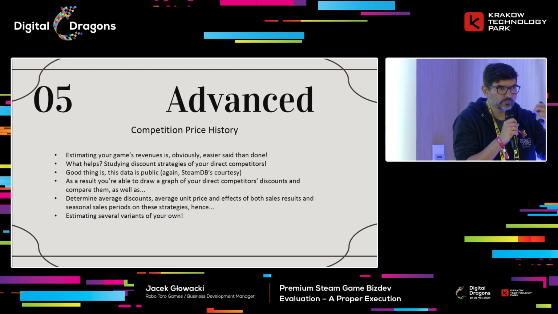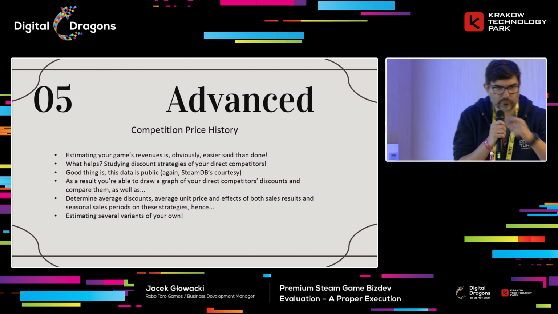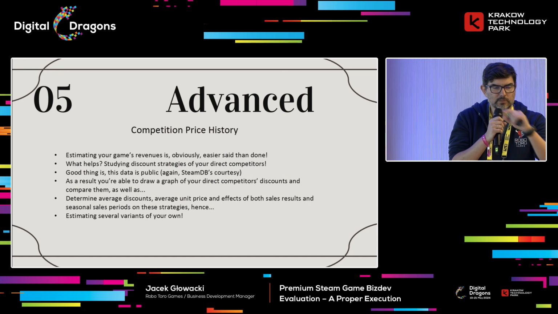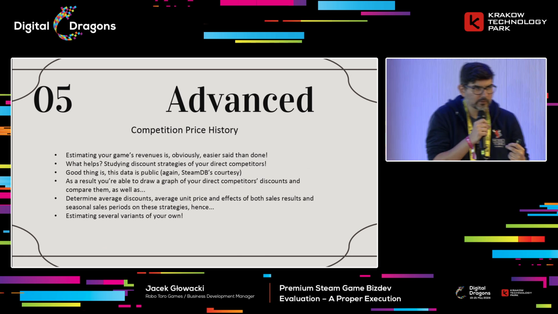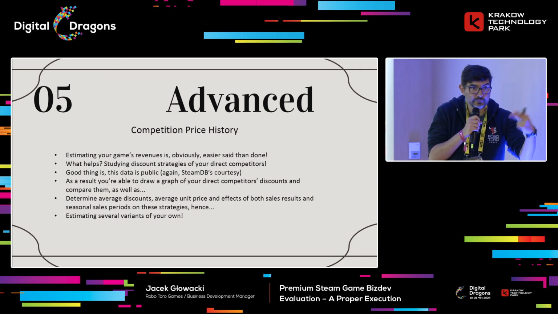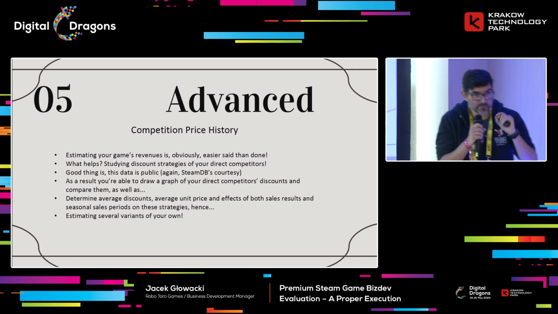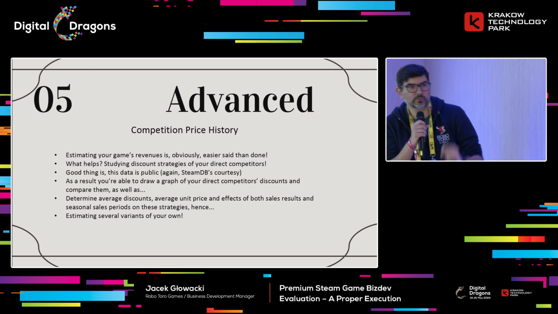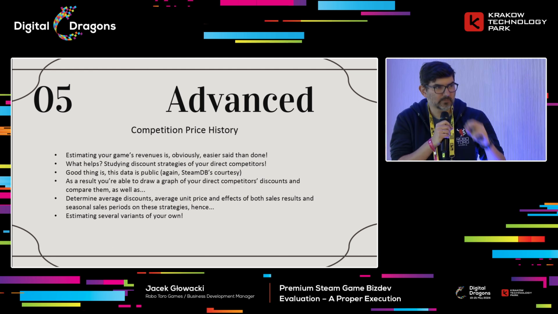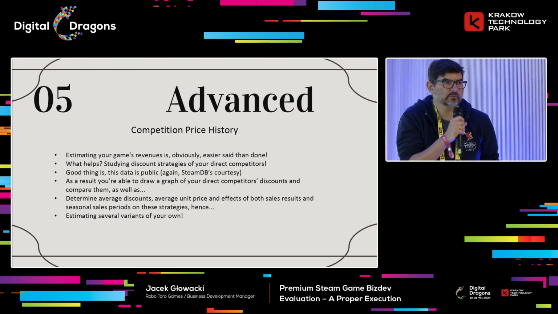But remember, your break-even is counted for this net price. So the more copies of your game you'll be able to sell for this particular price, the closer you get to break-even. If the game is discounted, if the price is lower, then with every copy you sell, you're closer, but just one smaller step, right? You could have done a bigger step, but you have to do the small ones too, right?